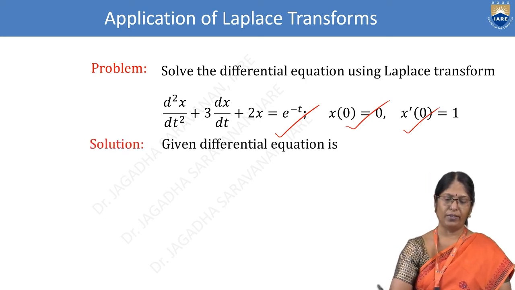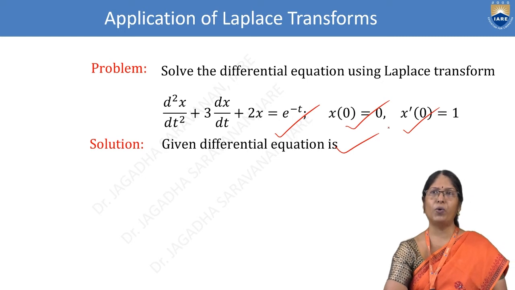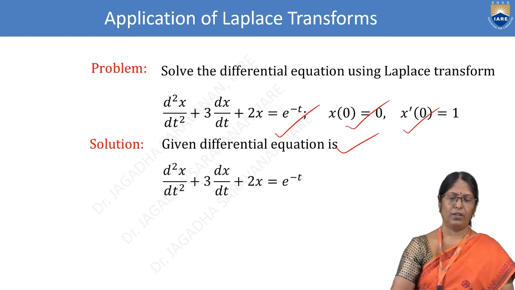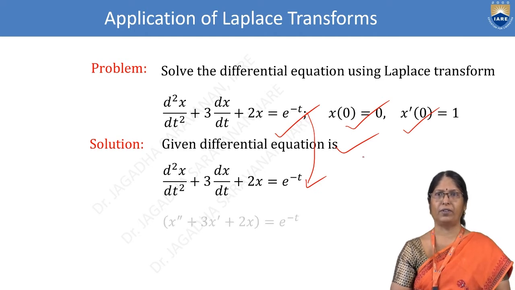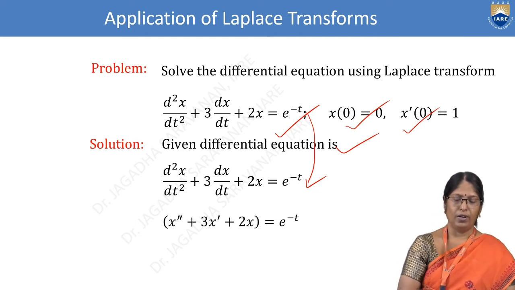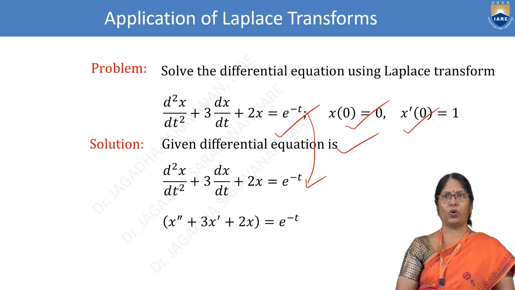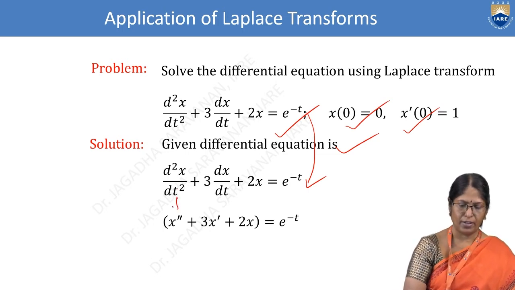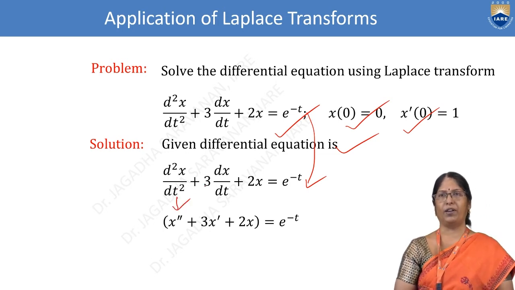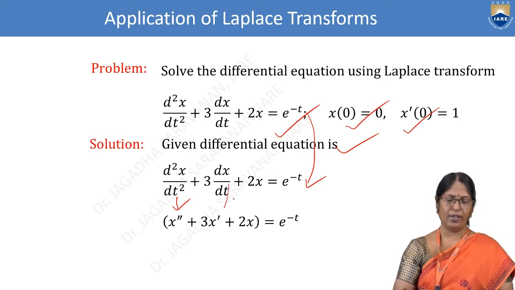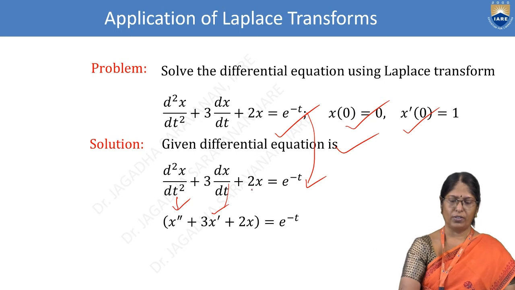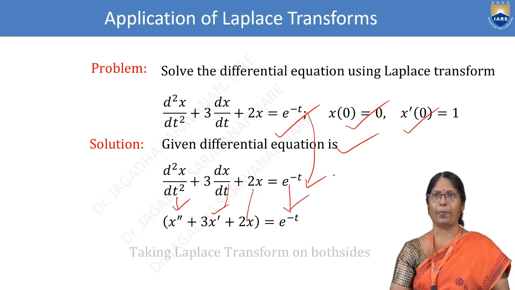So the given differential equation is written as: d squared x by dt square we can write as x double dash, 3 into dx by dt we write as x dash, plus 2x equals e power minus t.